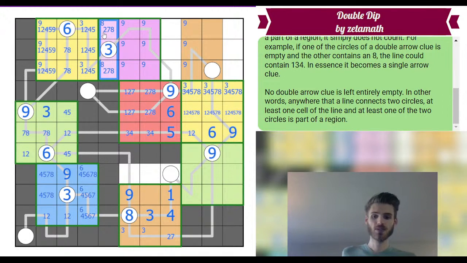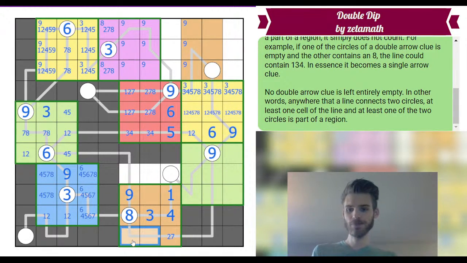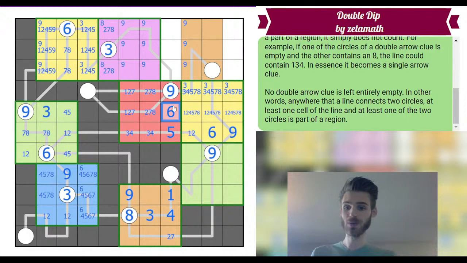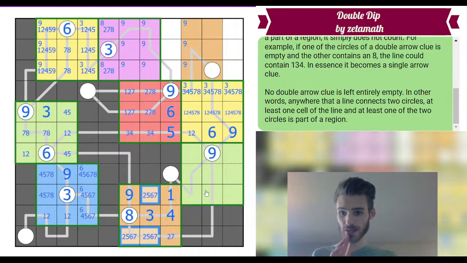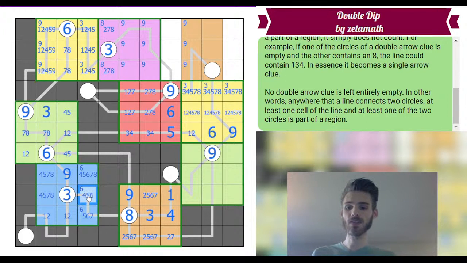Nearly done all the regions. These digits are 2, 7, 5, and 6. That can't be a 4. Oh, these add to 11, so that can't be a 7.